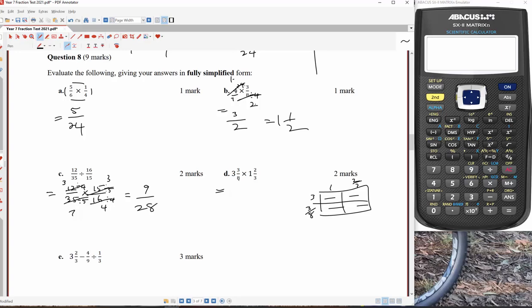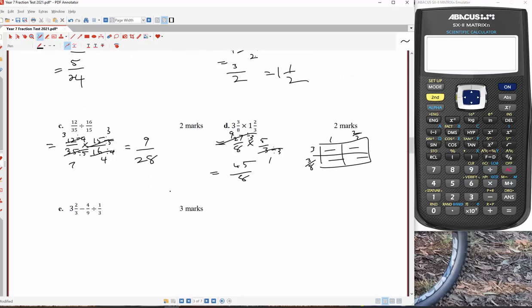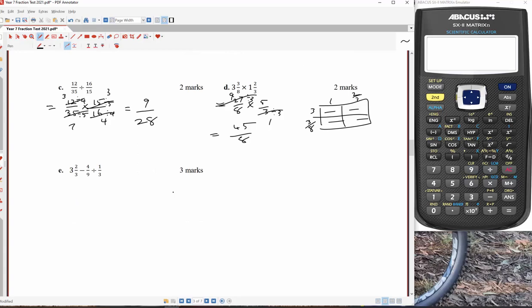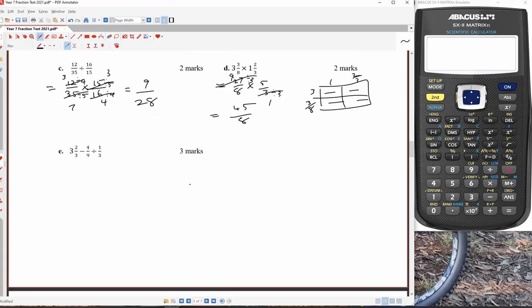So 3 eights are 24, 27 on 8 times 5 on 3. Let's look to see if we can cancel, and we can. So we've got 9 times 5, which is 45 on 8, and there's no reason why you should convert that to a mixed fraction. We're not told to, so it doesn't matter.